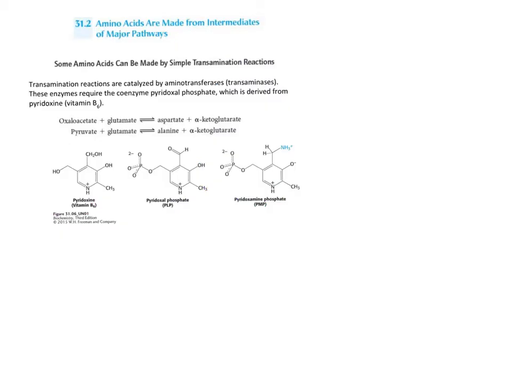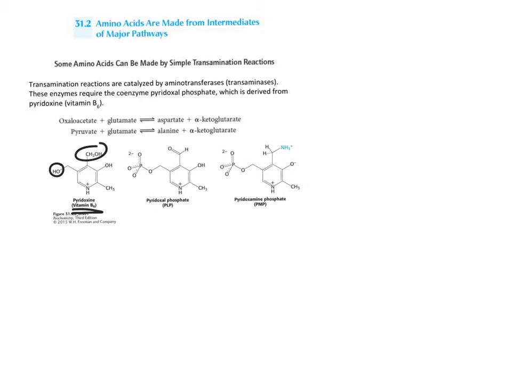Okay, so the book talked a little bit about PLP enzymes. I'm going to give you guys a little bit more of a structural basis so you can see more of what's happening. So they showed this pyridoxine, which is vitamin B6. This is what you eat. What your body does is oxidize this center here to an aldehyde, and then phosphorylate at this center here.